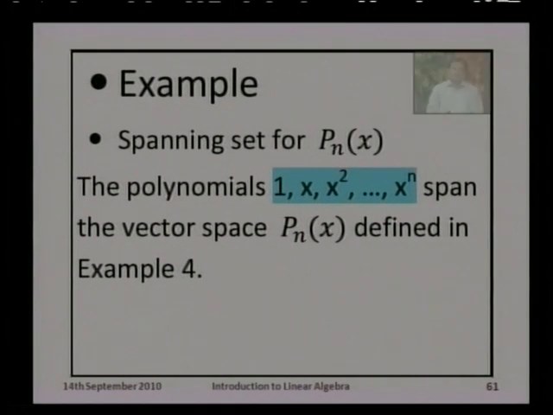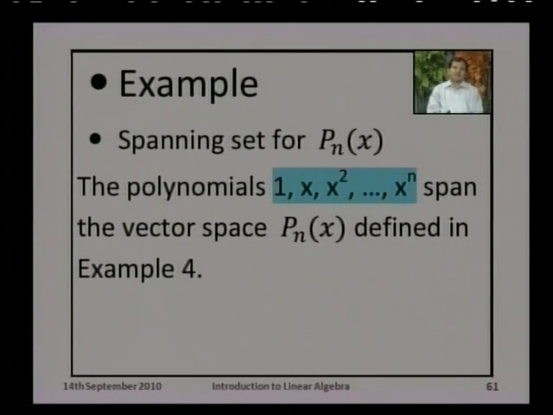The next example is a spanning set for P_n(x). P_n(x) is a vector space, it contains vectors, but are there any vectors whose linear combinations give us P_n(x)? Yes, the polynomials, namely 1, x, x squared, ..., x^n.